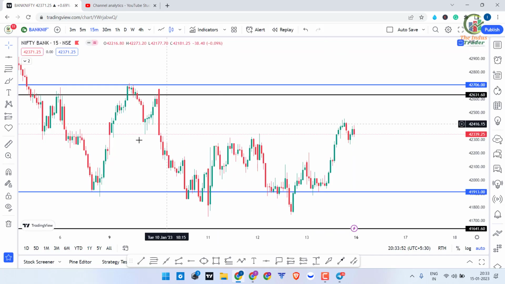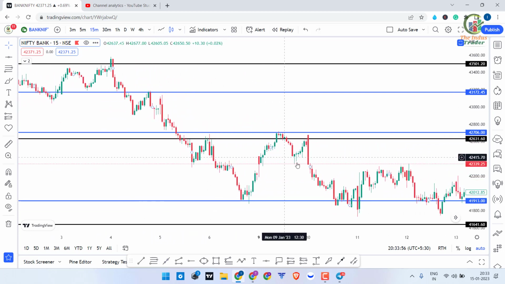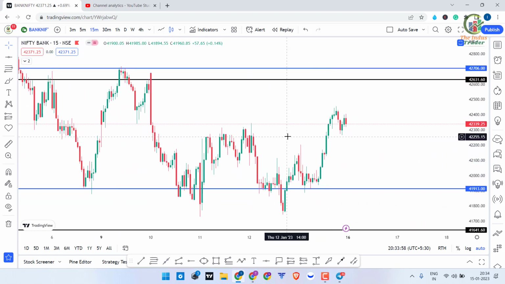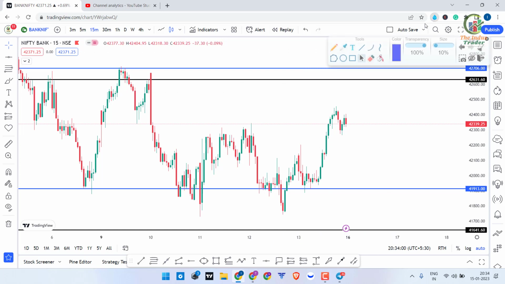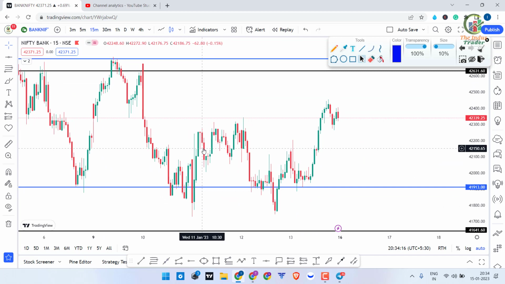So these are the things we do with support and resistance. No need to worry, how to trade with support and resistance is the next video, and in that video I will also try to cover fake breakouts and all these things. So this is how you can draw horizontal support and resistance.